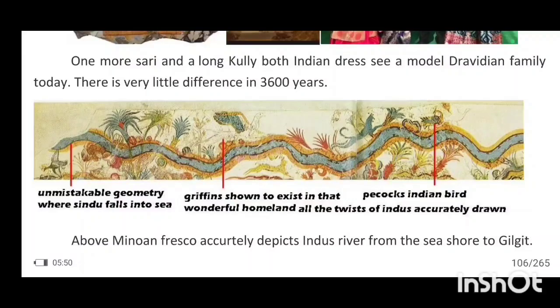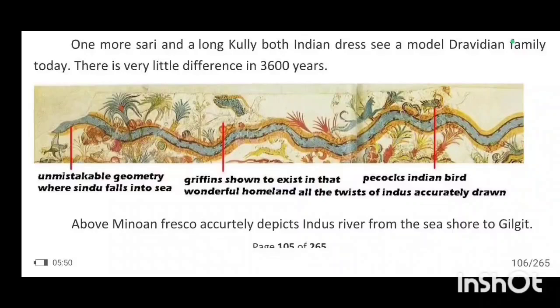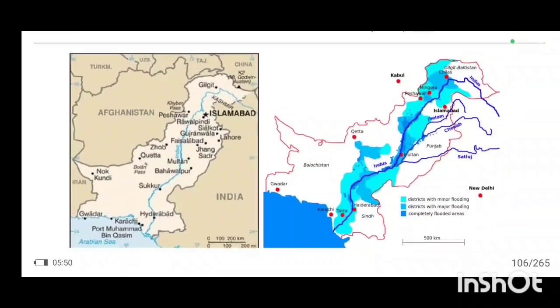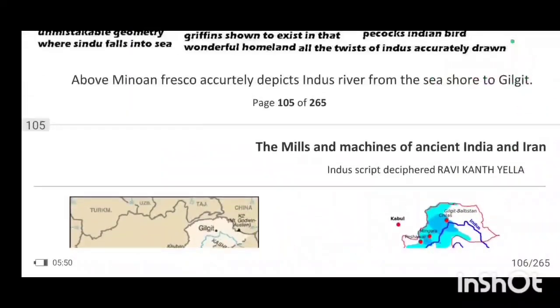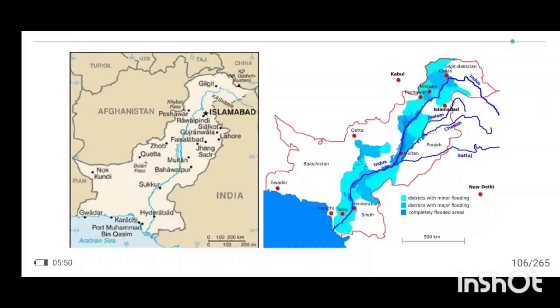This is an Indus River map found on the island of Santorini, Acrotiri, in a house called West House. 1200 kilometers of map, Indus River map, from seashore up to Jinnah Barrage, a hydroelectric power project.